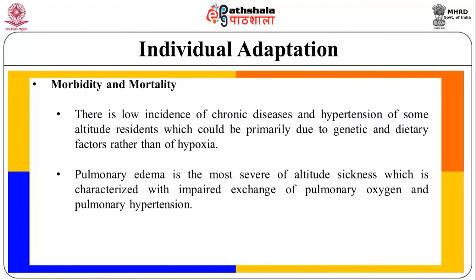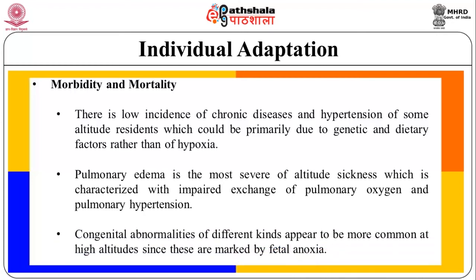Pulmonary edema is the most severe form of altitude sickness, which is characterized by impaired exchange of pulmonary oxygen and pulmonary hypertension. Congenital abnormalities of different kinds appear to be more common at high altitude since these are marked by fetal anoxia.